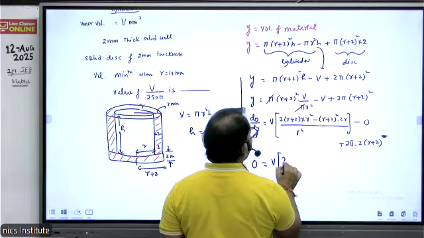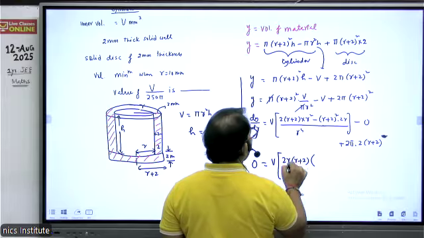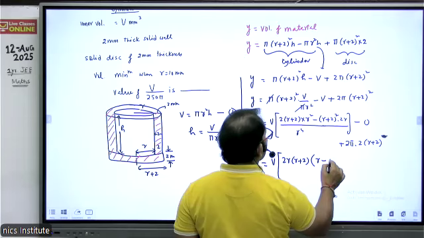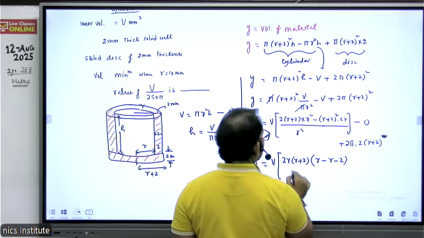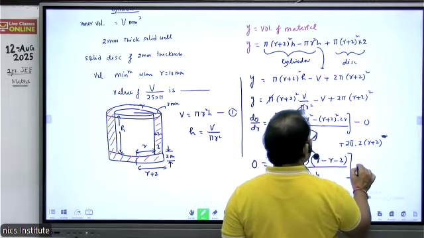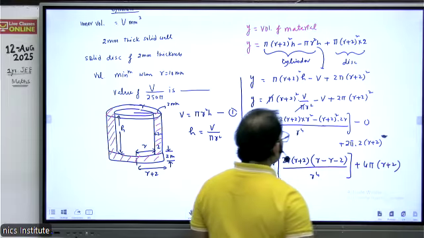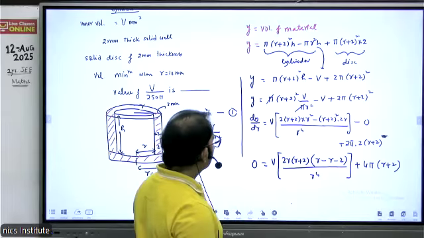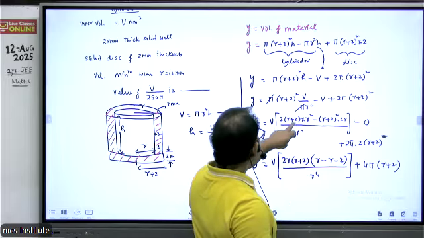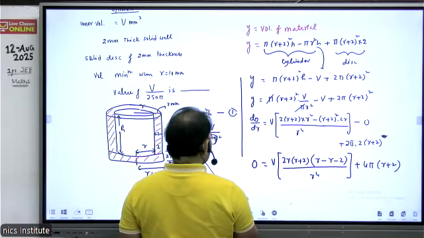I can take 2r plus 2 common. So it'll be r minus r plus 2 by r to the power 4. This is 4 pi r plus 2. I've taken 2r plus 2 common, so you're left with r, and here r minus 2. Throughout you can take r plus 2 common.